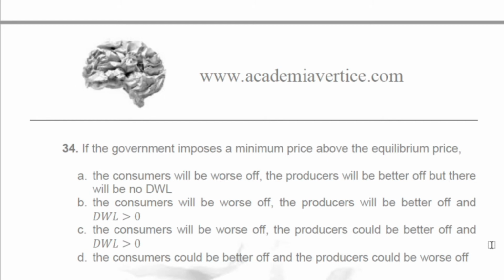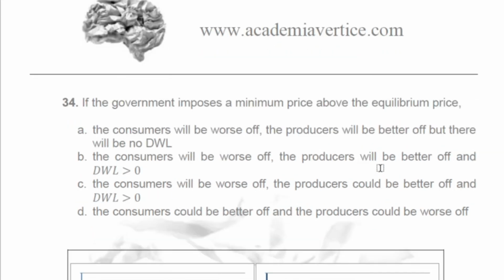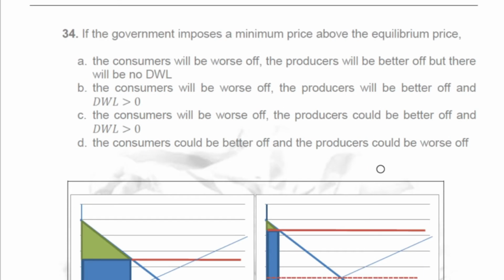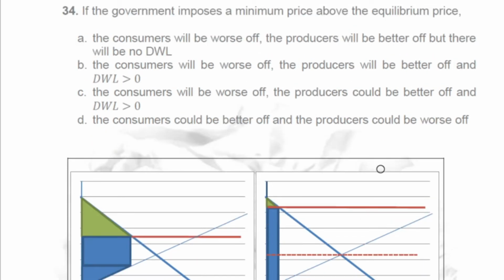34th, if the government imposes a minimum price above the equilibrium price, the consumers will be worse off than the producers. Okay, let's make a graph. Well, I made a similar one before. So the consumers will be worse off, of course. The producers will be better off, but no, be careful, the producers are not better off for sure.